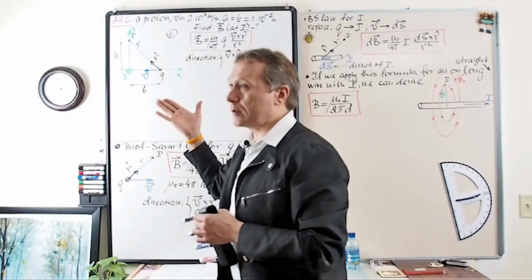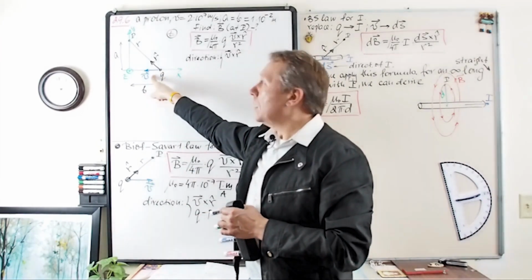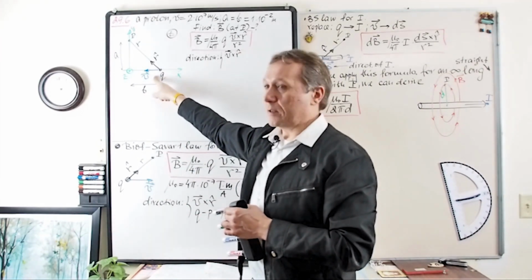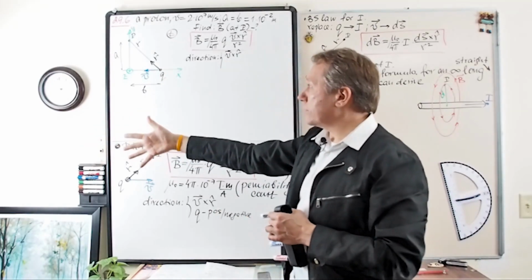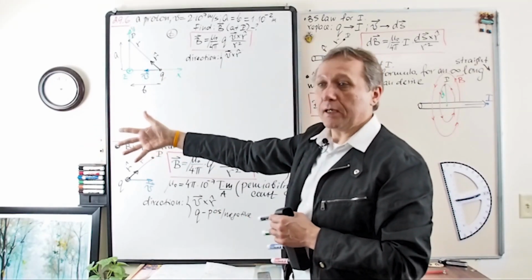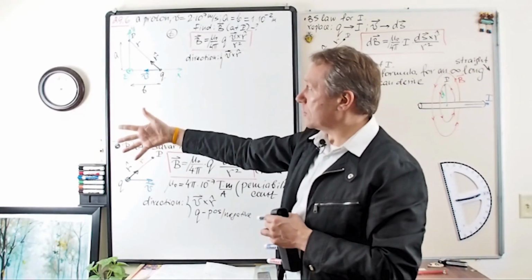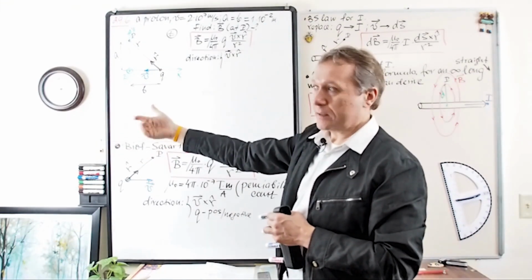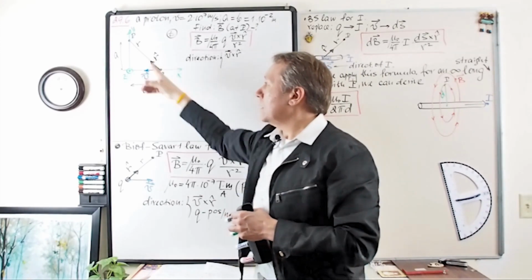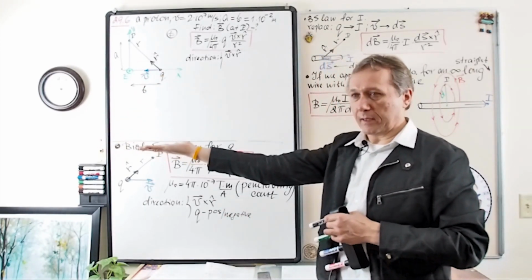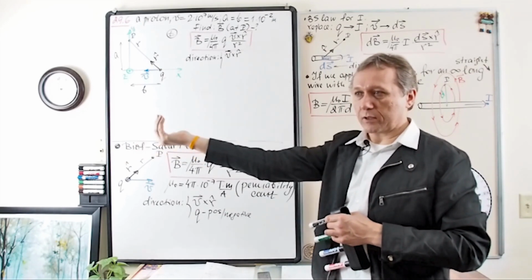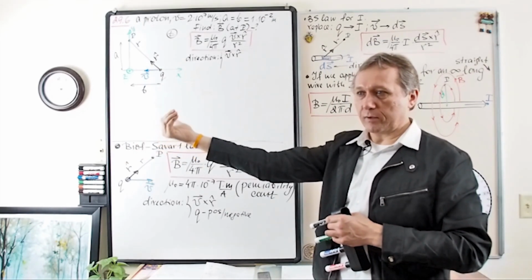First, you position your hand along the direction of the first vector in the cross product, along V, that way. Then you need to orient your hand in such a way that you can bend your fingers in the direction of vector R. Vector R points that way. So I have to orient my hand like this. V cross R gives me the direction of the magnetic field.